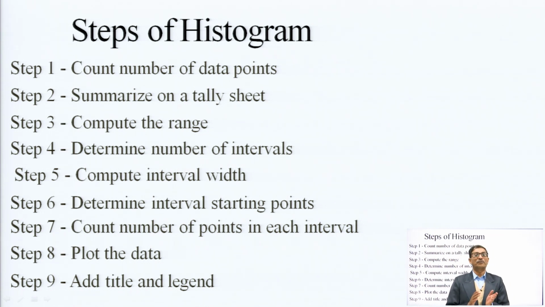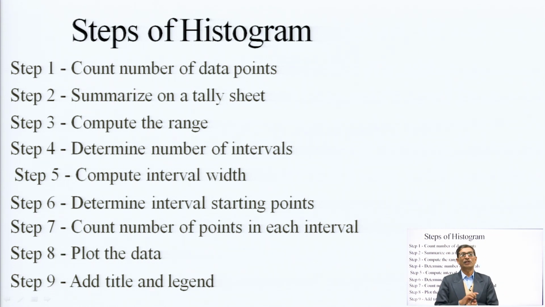To prepare the class intervals, we first compute the range, then the number of intervals, then the interval width, determine the interval starting points, and count the number of points in each class interval. After that, we plot the data and add title and legend. So, these are the main 9 steps to prepare a histogram.